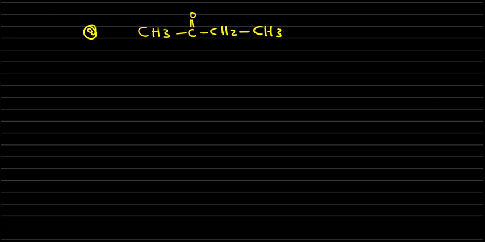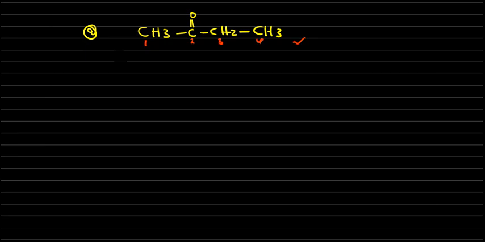First, number the chain, but always make sure the functional group receives the lowest number. So I number 1, 2, 3, 4, because if I start numbering from 4, I'll get number 3 where the functional group is. So we use this numbering 1, 2, 3, 4.